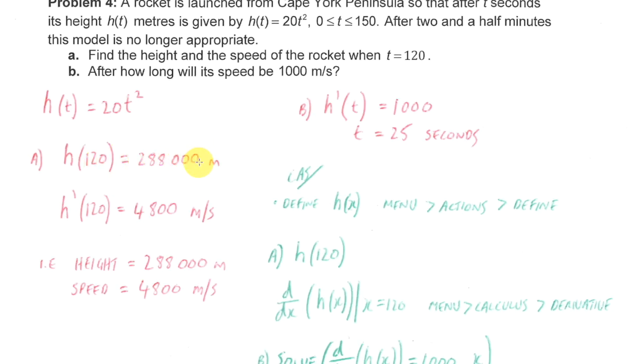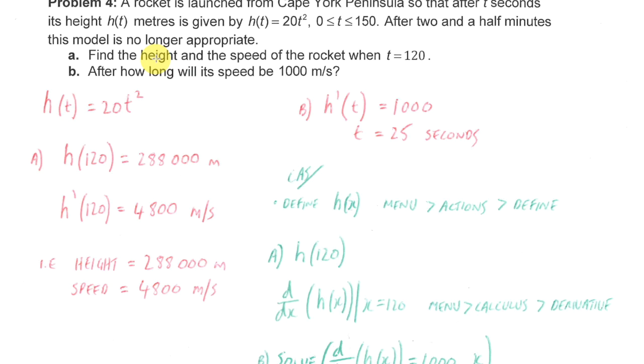That's its height. Now, if we consider the second part of the question, we're after the speed. Now the speed is distance over time. We've got this height function, so think of that as being the distance versus time.